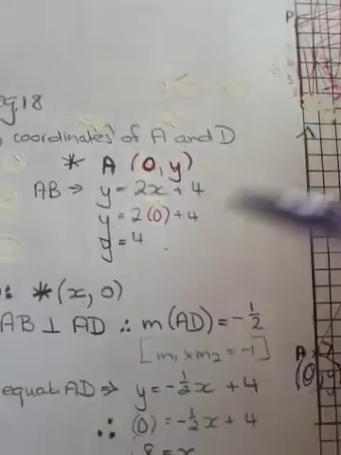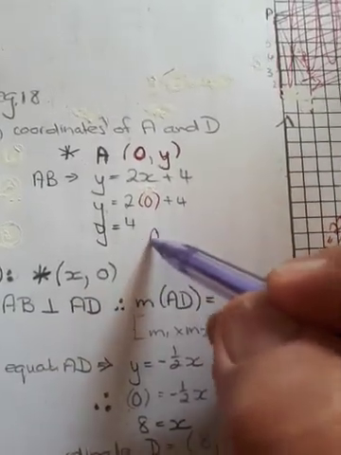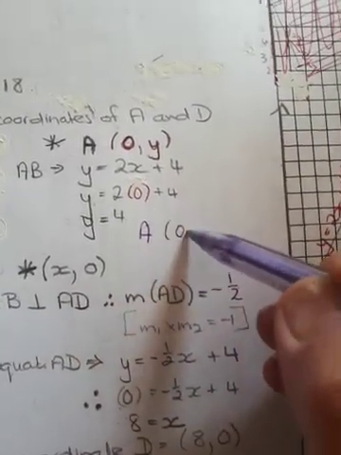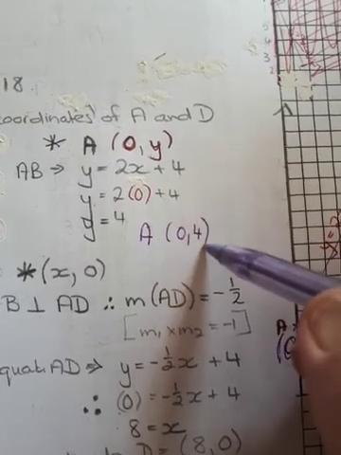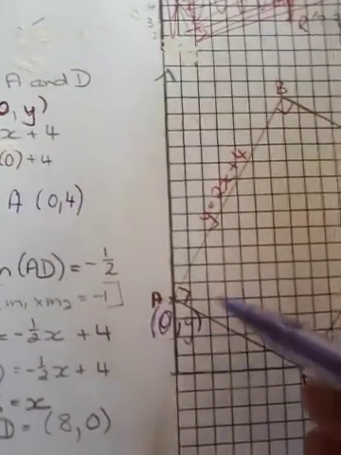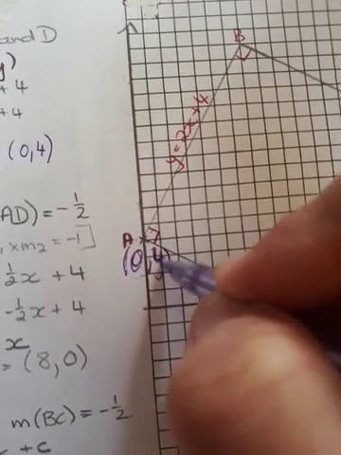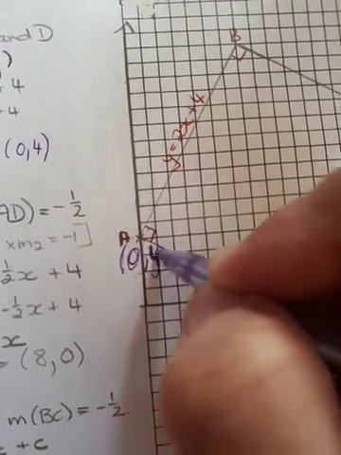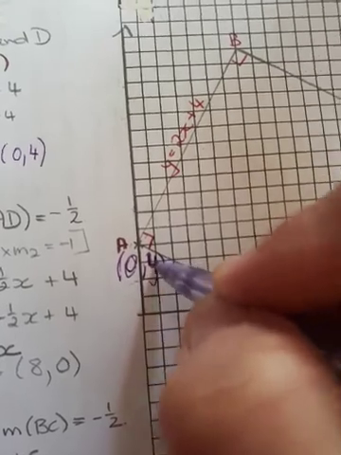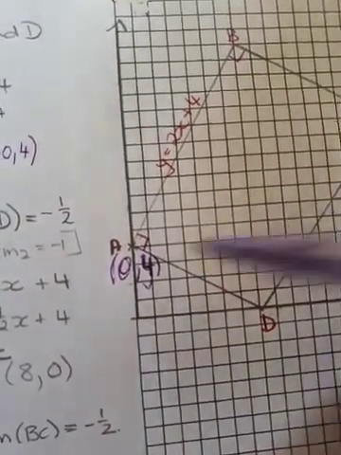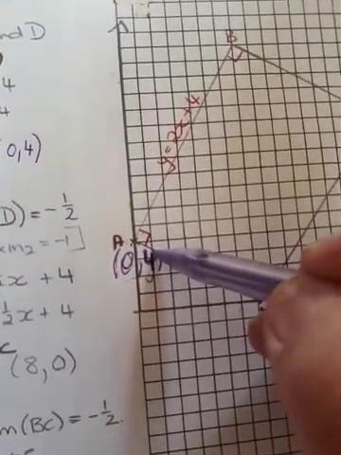So the coordinate A is (0, 4). Now go back to your drawing and rewrite this. It's no more unknown. As soon as you have an answer, put that into your drawing. So A is (0, 4).